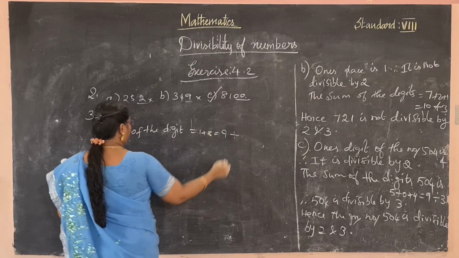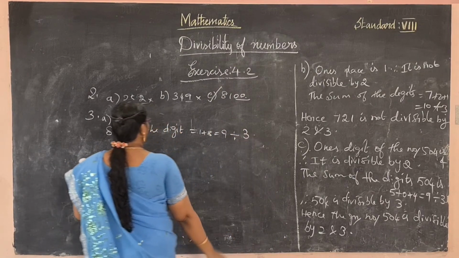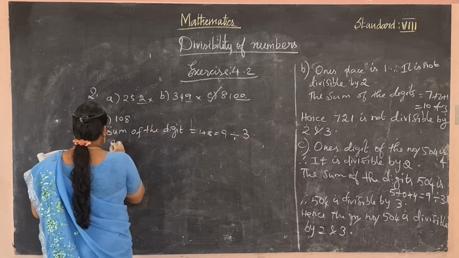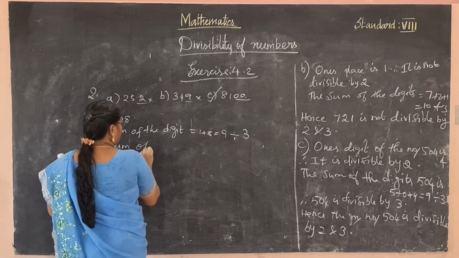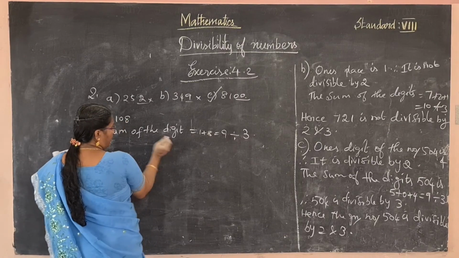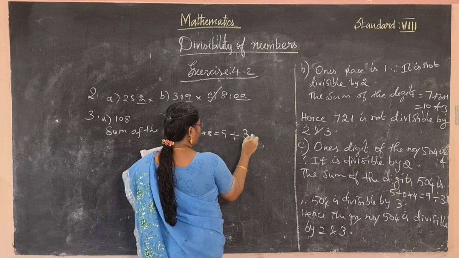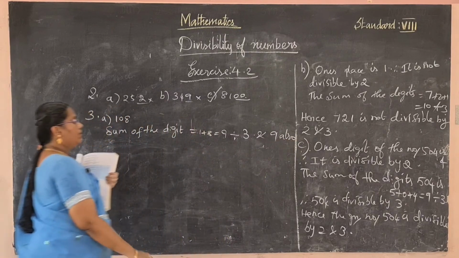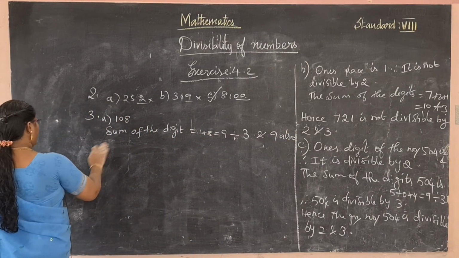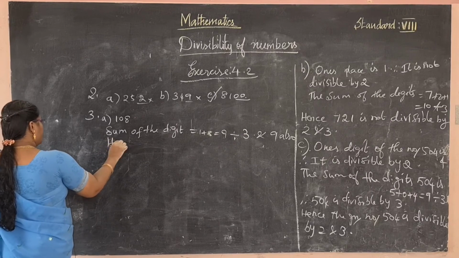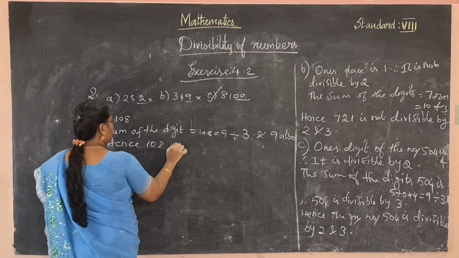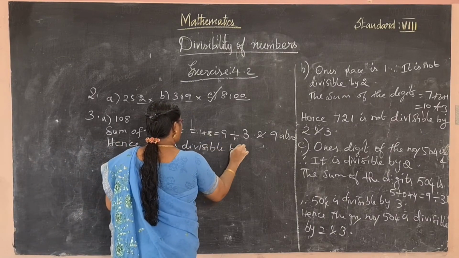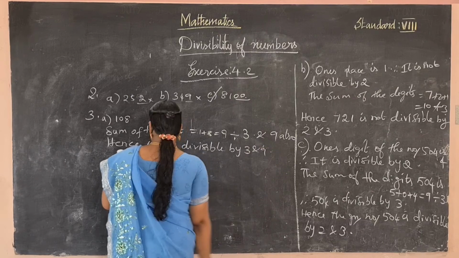It is divisible by 3, and 9 is divisible by 3 and 9 also. Hence 108 is divisible by 3 and 9.